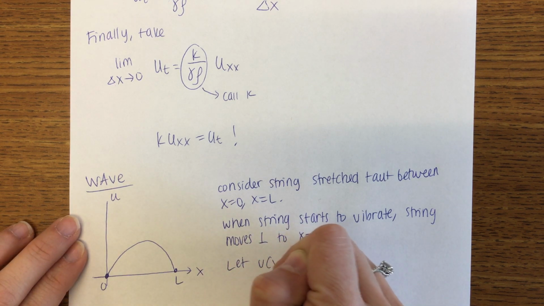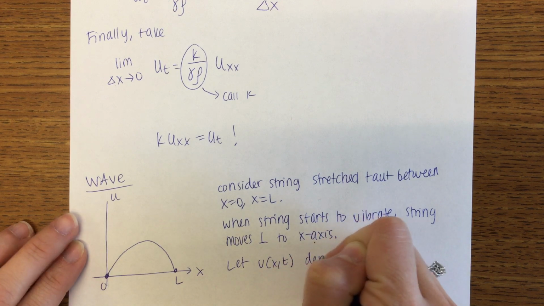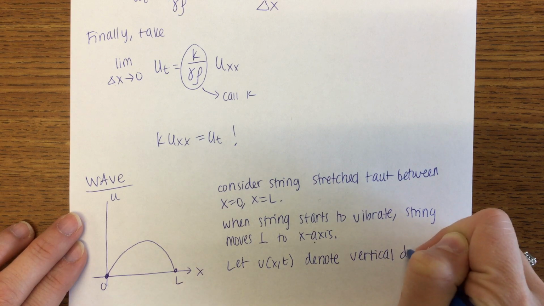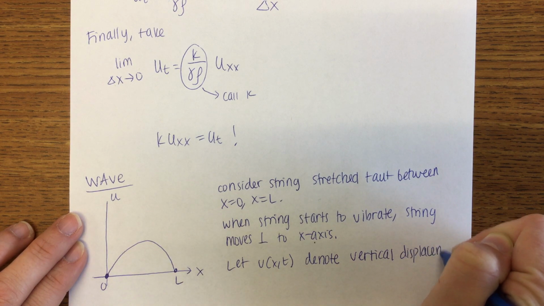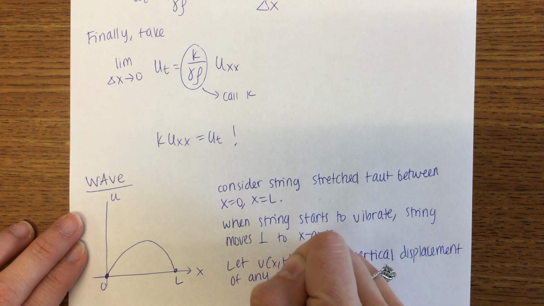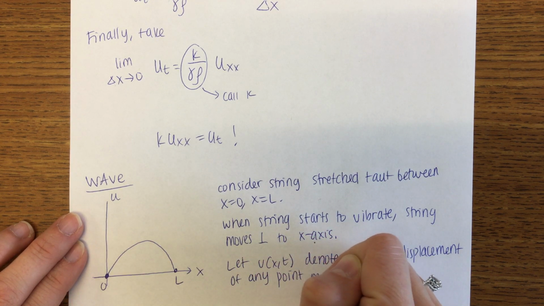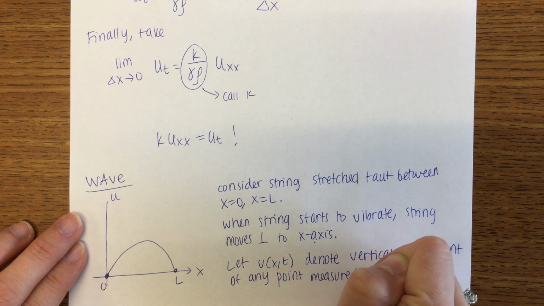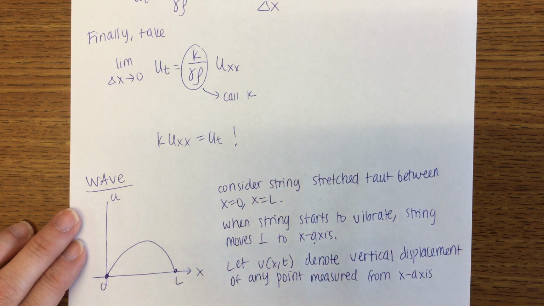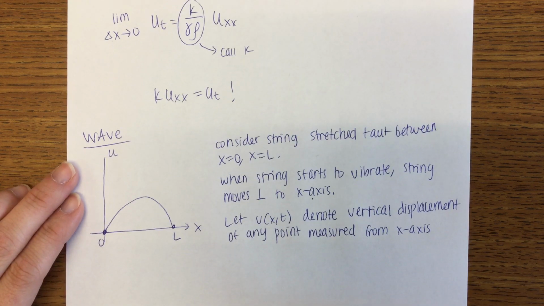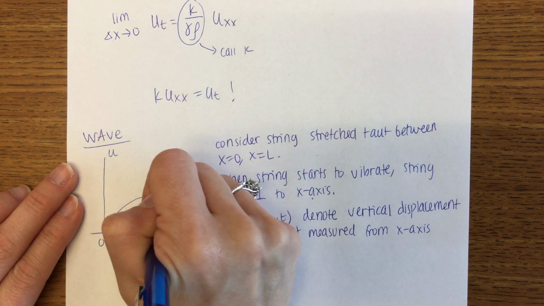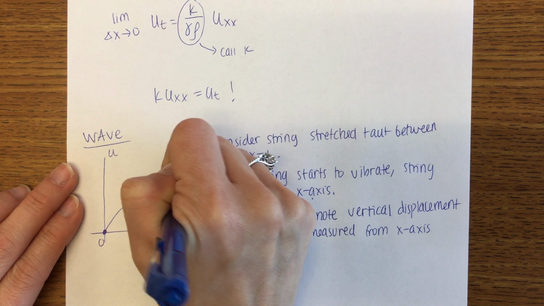Here, u of x,t is going to denote the vertical displacement of any point, measured from the x-axis. So for example, I could choose some point here. u of x,t would tell me this displacement at a certain time t.